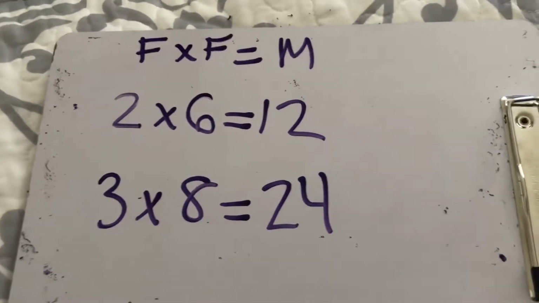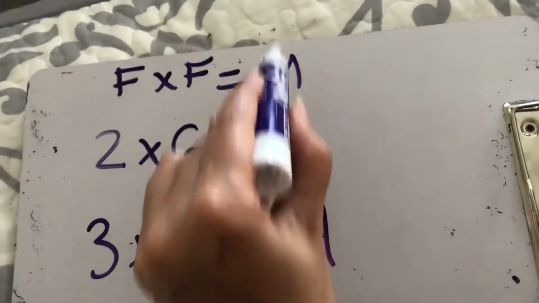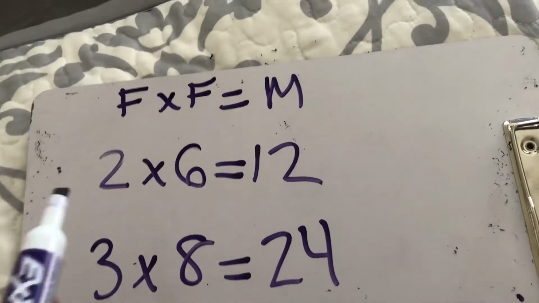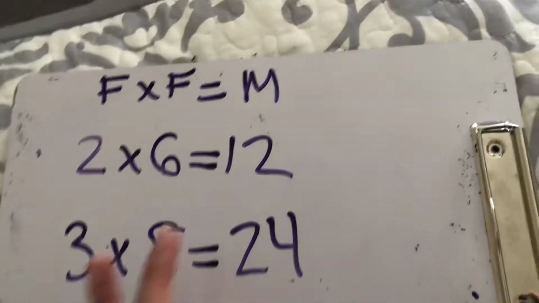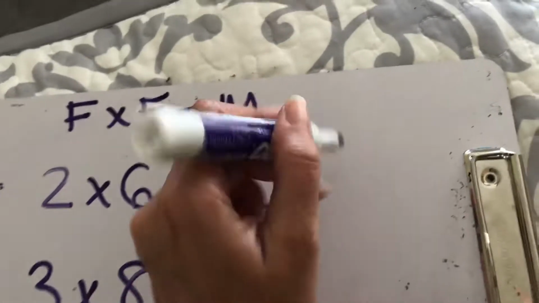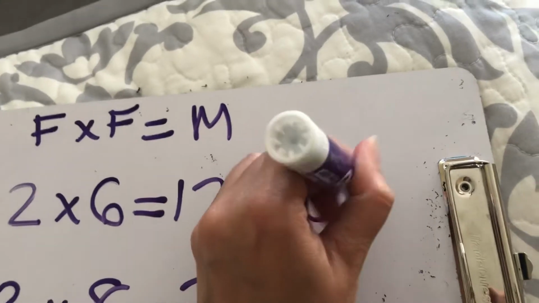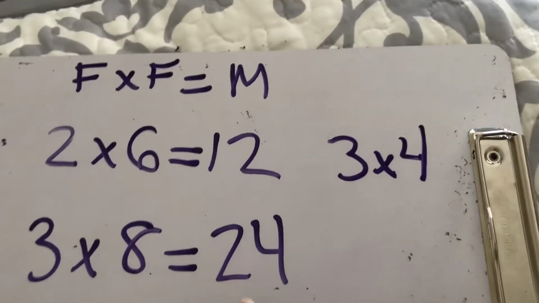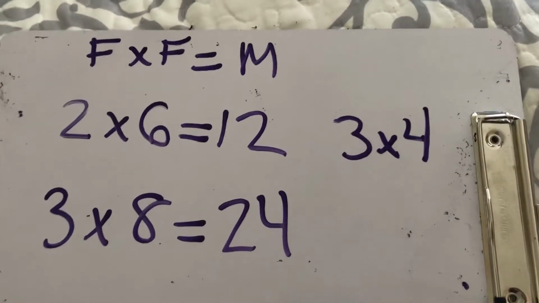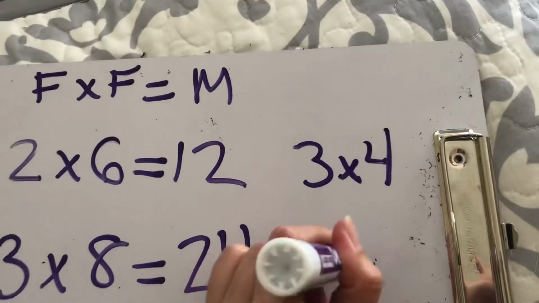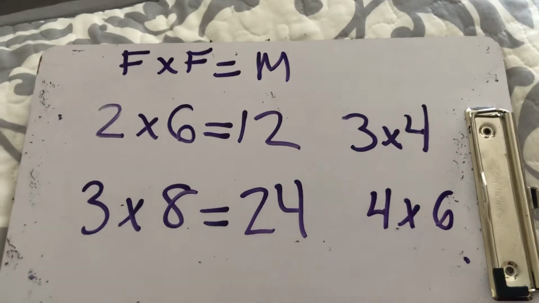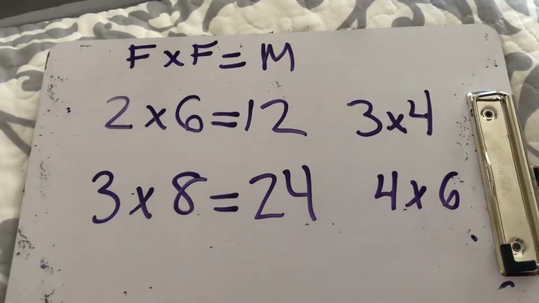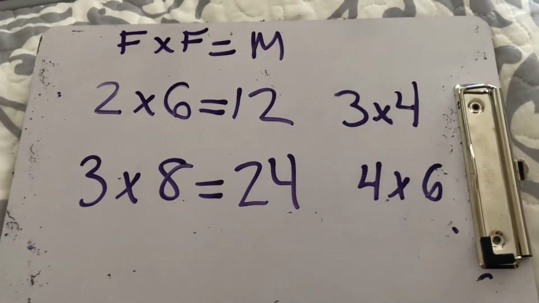But it's important to note that some multiples have more than just 2 factors. Some multiples have many factors. 12, for example, has factors of 3 and 4 as well. 24 has several factors, but you could also use 4 and 6 to get to 24. So just a brief explanation of how factor times factor equals multiple, okay?